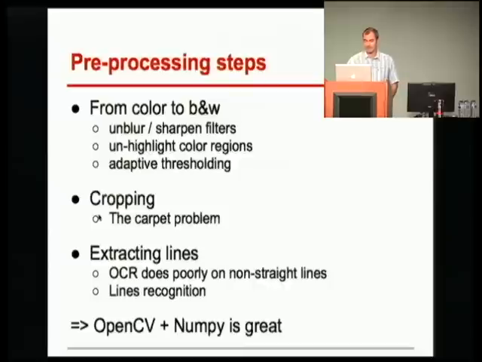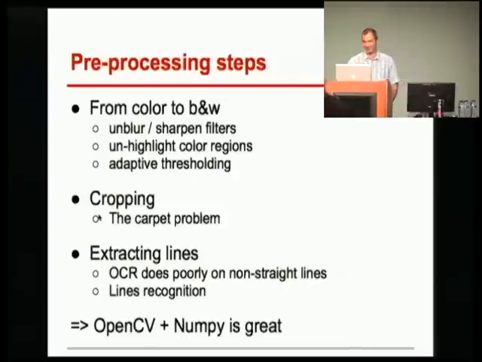these steps. First thing is, we get color images. We transform them to black and white. We apply a few filters, sharpen it. We un-highlight the image. Turns out some people, before they upload the receipt, to make sure we process it correctly, highlight it with a pen. So thanks for helping, but not really.